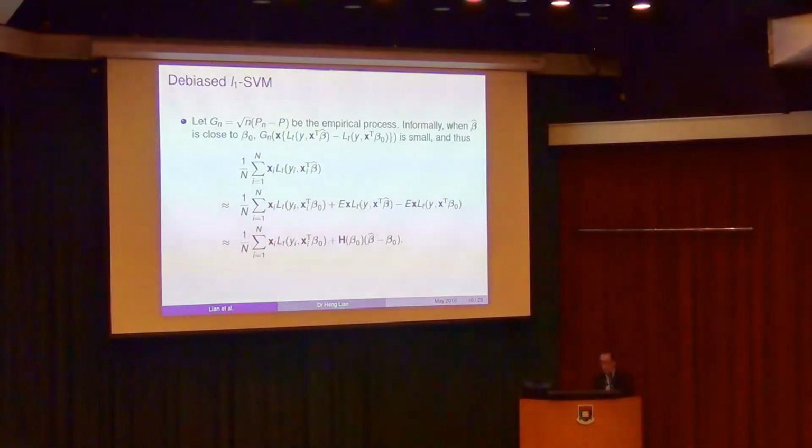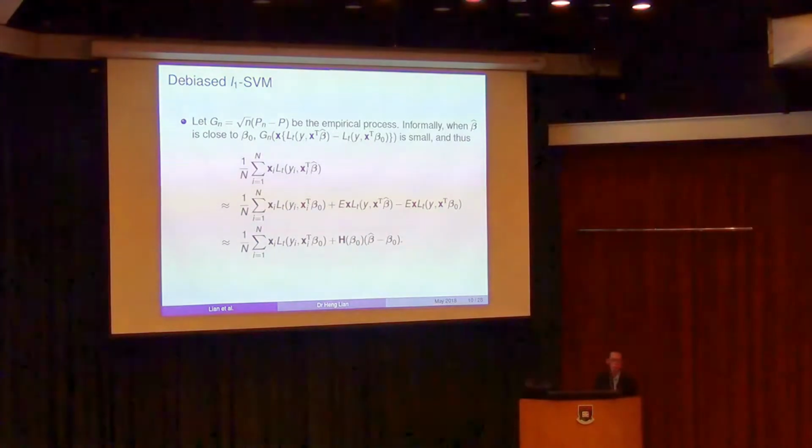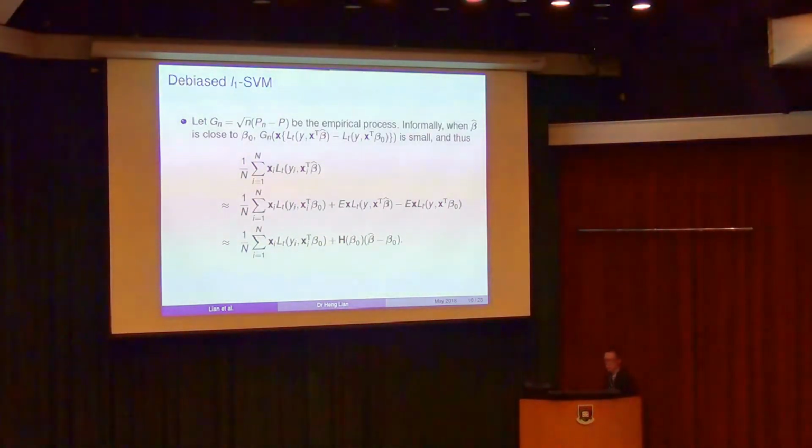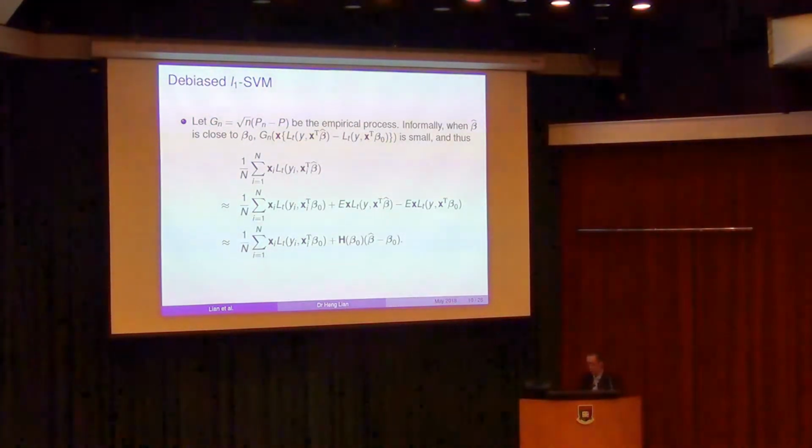So as I said, I want to debias this estimator beta hat. So what we do is very simple, just subtract the left hand side from beta hat in some sense, after you take the inverse of this Hessian matrix and multiply it to the left hand side.